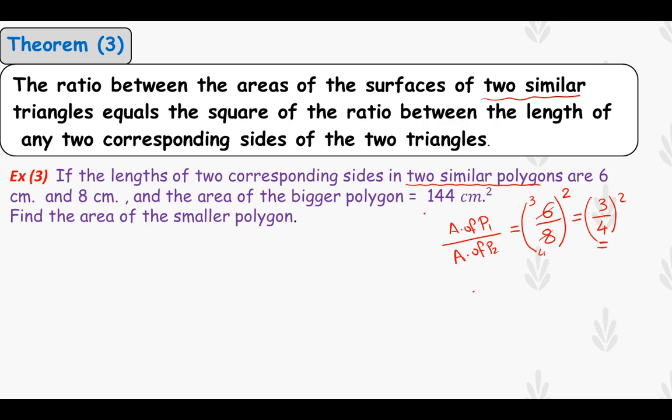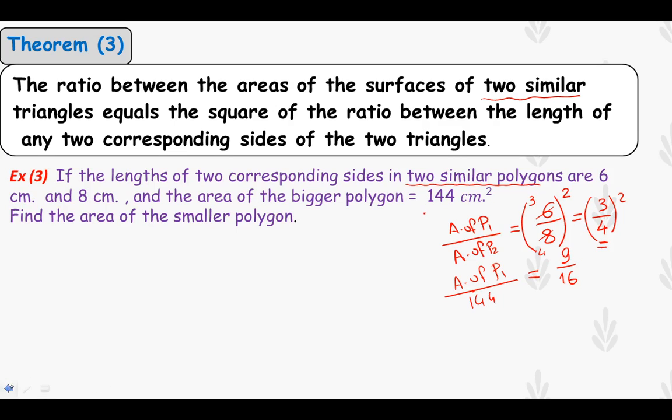So we can write that the area of polygon 1 over the area of polygon 2, which equals 144, equals the ratio between two corresponding sides, 9 over 16. So to find the area of polygon 1, cross multiplication. So area of P1 will be 9 multiplied by 144 over 16.